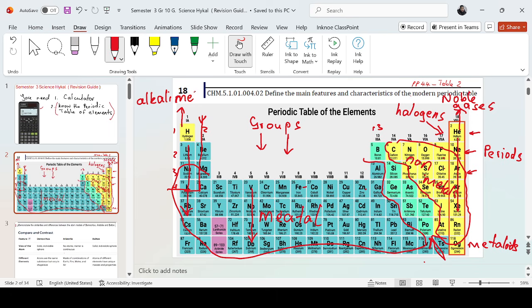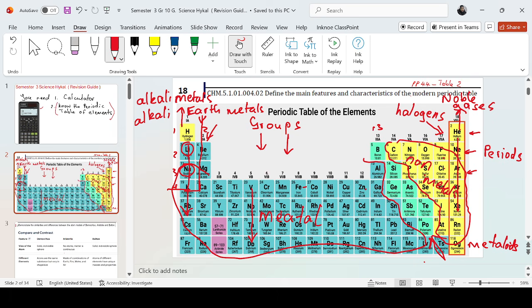So sodium is an alkali metal. Lithium is an alkali metal. Group 2 are alkali earth metals.